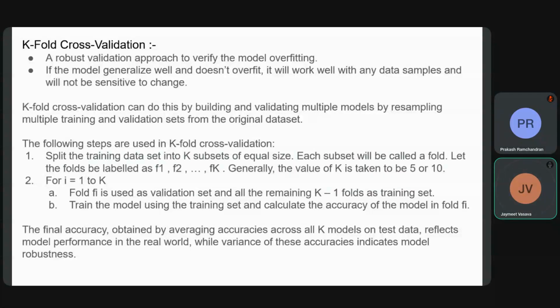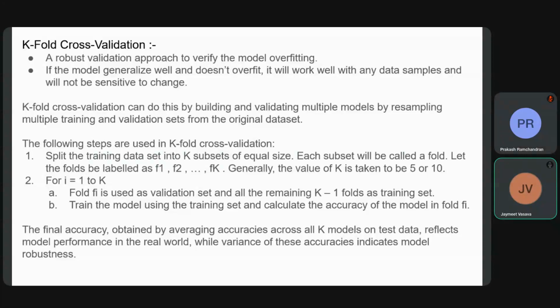K-fold cross validation can avoid the overfitting problem by building and validating multiple models by resampling multiple training and validation sets from the original dataset. The following steps are used in k-fold cross validation: split the training dataset into k subsets of equal size. Each subset is called a fold.